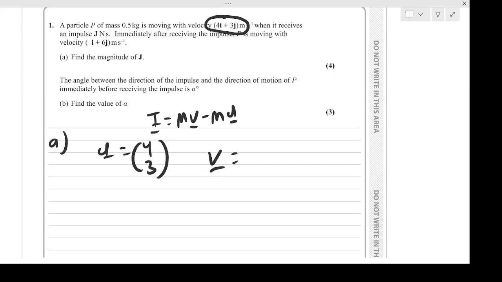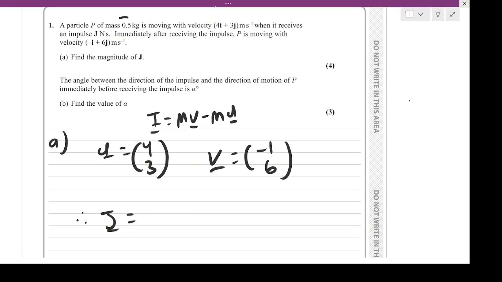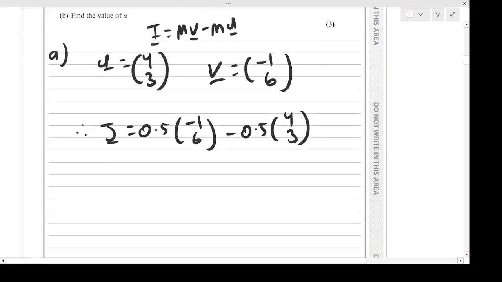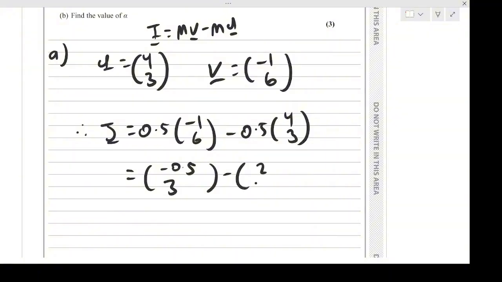And v, my velocity afterwards, is -i + 6j, so (-1, 6). Therefore, I can use the formula to say that J, my impulse, is going to be the mass, which is 0.5, lots of v, which is (-1, 6), and then minus 0.5 lots of u. And so at that point, I can just simplify and calculate this. So that's going to be (-0.5, 3) take away (2, 1.5).